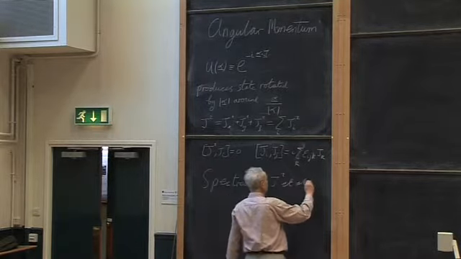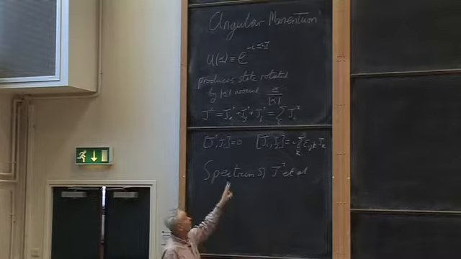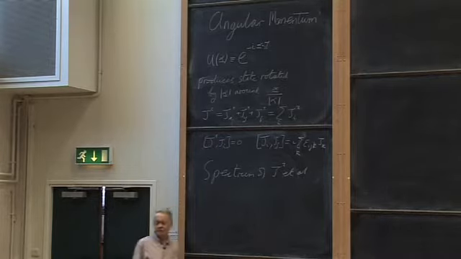Since Jx, Jy, and Jz don't commute with each other, there isn't a complete set of mutual eigenkets of Jx, Jy, and Jz. But because J squared commutes with all of its subordinates, there is a complete set of mutual eigenkets of J squared and any one of those.